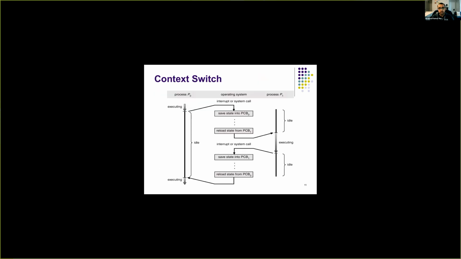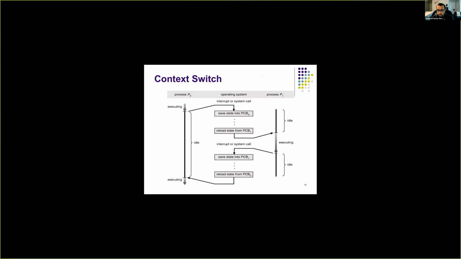If we look at the timeline diagram of a context switch, this is how it happens. Let's say process P0 is executing, and let's say it yielded the CPU, or it informed the operating system by using a system call that it doesn't need the CPU anymore, in which case the operating system saves the state into PCB0, the PCB of P0.